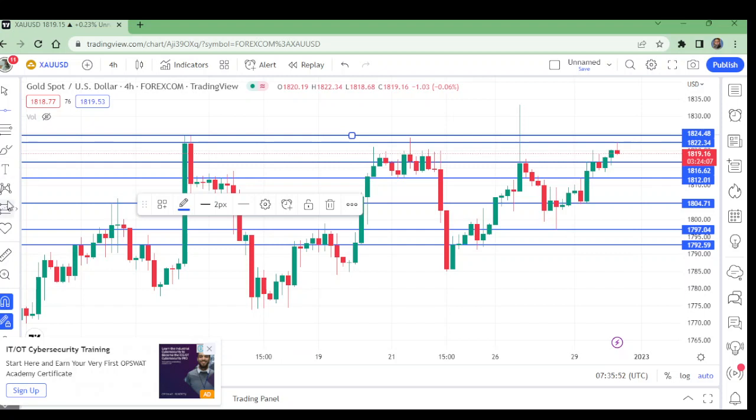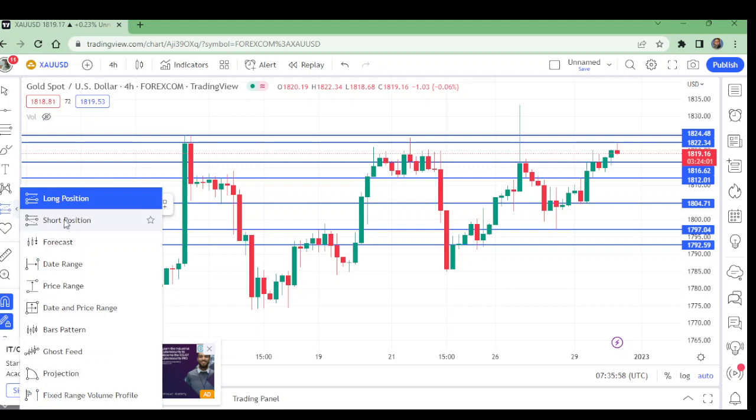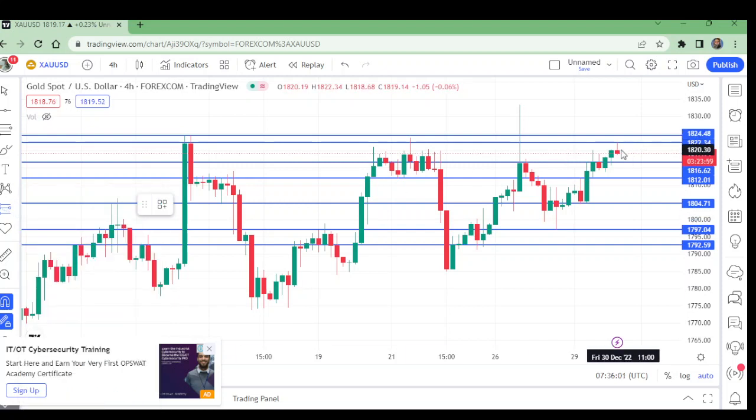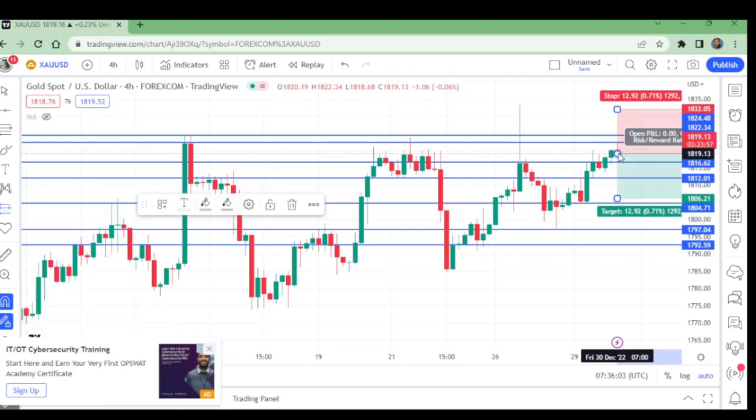So now let me put the short position. This is the entry because this has gone down now. Now let me set the stop loss.